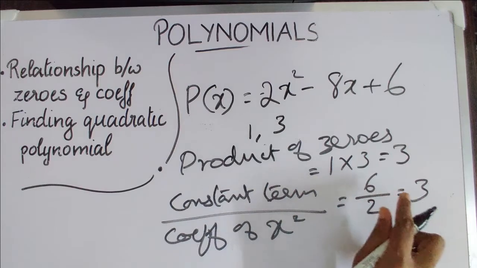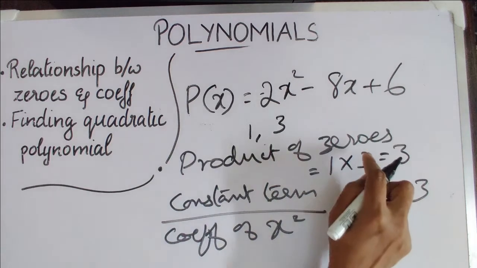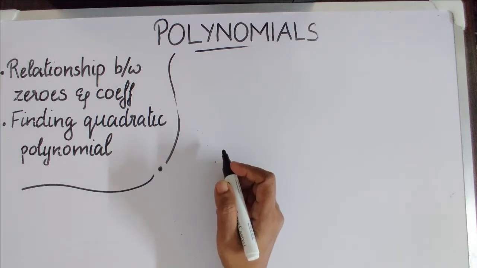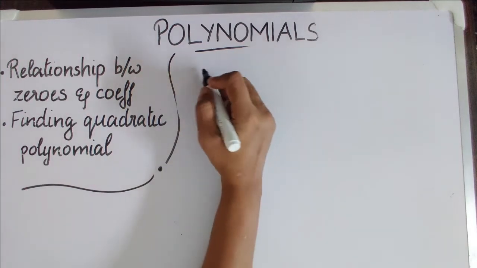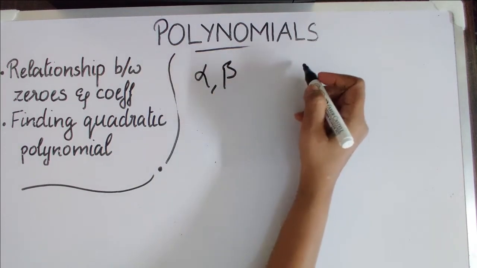Here we note that product of zeros equal to 3 and constant term by coefficient of x square equal to 3. Here we get a relation between zeros and coefficients, that is, product of zeros equal to constant term by coefficient of x square.